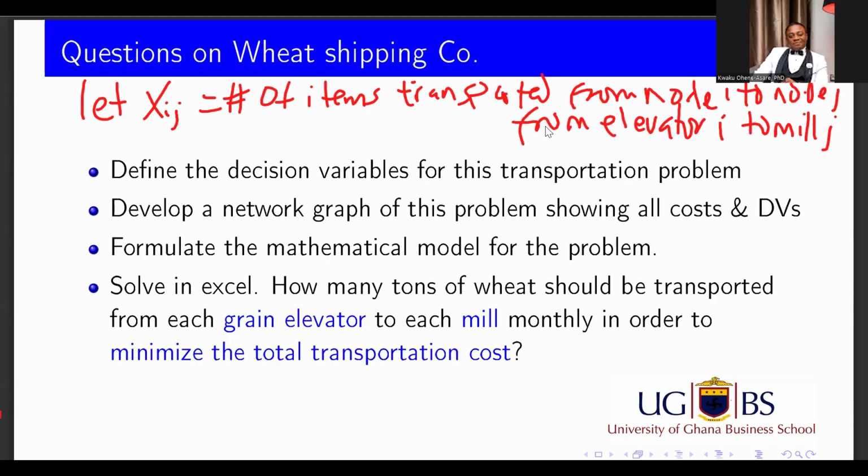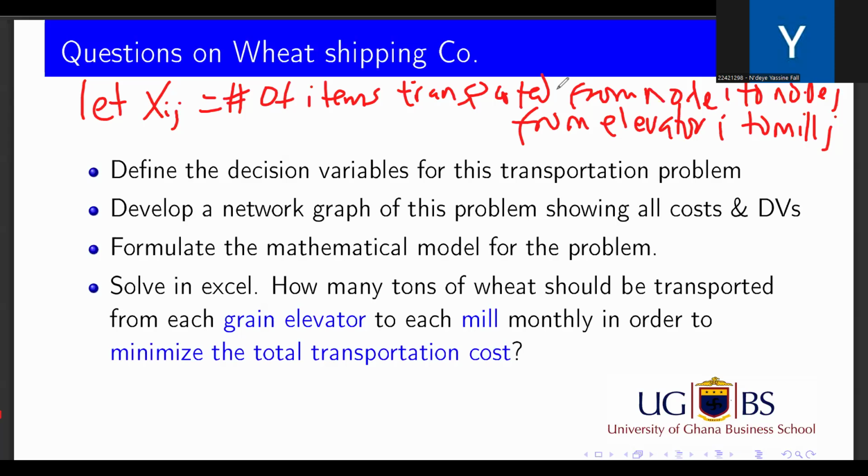Who is not clear? Defining the decision variable is very important. Yes, Nassim. I was going to ask, for this decision variable, would you repeat it for all the remaining cities, or is it just the first one? No, you only do it once.